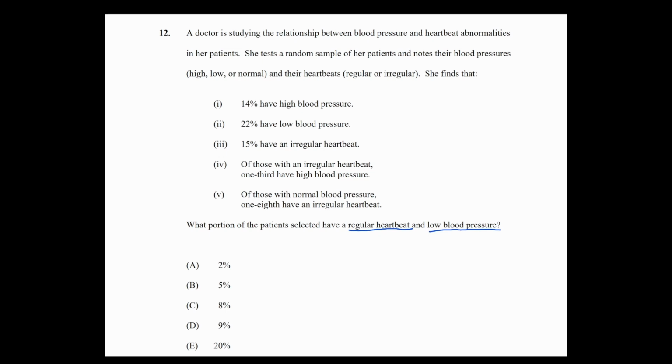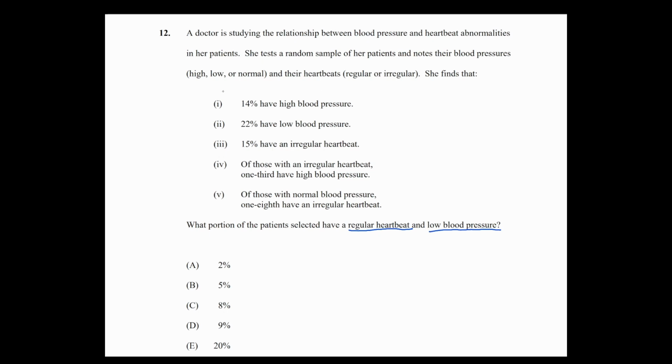When I read this sentence, she tests a random sample of her patients and notes the blood pressures, the way I read it is that there are two categorizations: whether their blood pressures are high, low, or normal, and whether their heartbeats are regular or irregular. So there's one population and you can be categorized in two different ways, and they're not exclusive of each other.